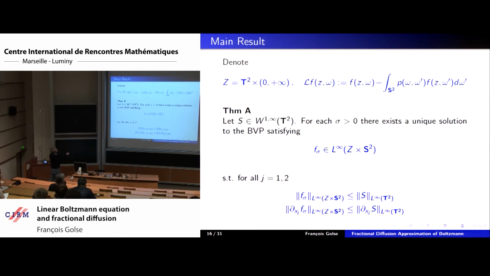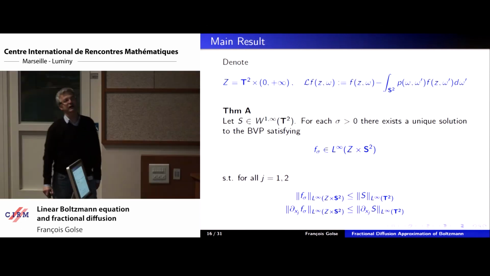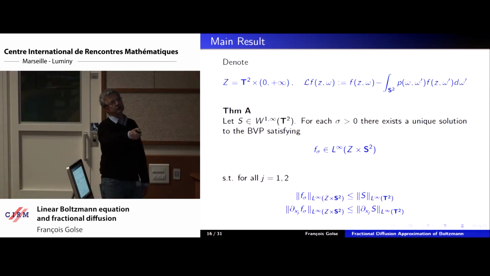So you have T2 times, so Y is between 0 and plus infinity, Y is positive. Now I'm going to denote by L the linear Boltzmann operator. So here it's simply f of z on omega minus the scattering source term, which is computed in terms of f and the phase function.